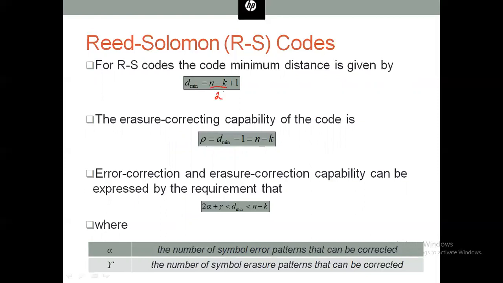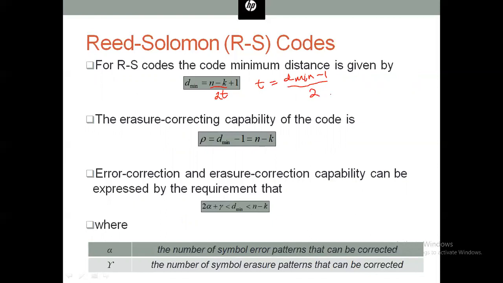And here, as you know from linear block codes, t is equal to (d min minus 1) by 2. So this relationship holds.